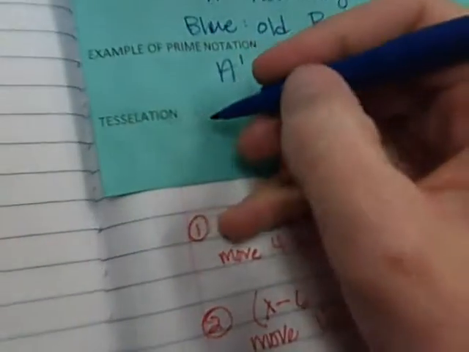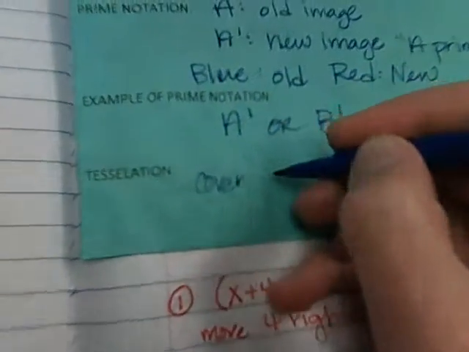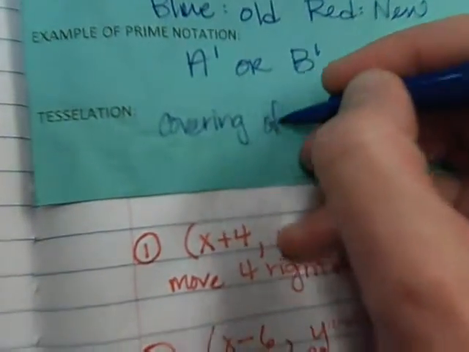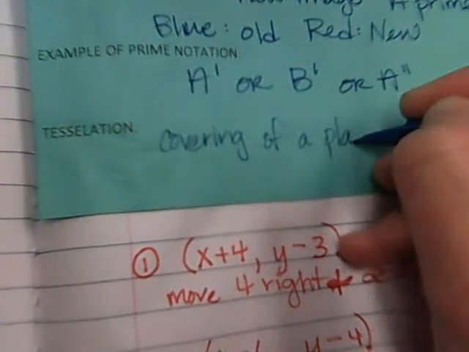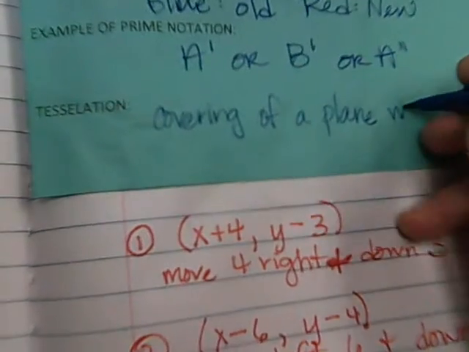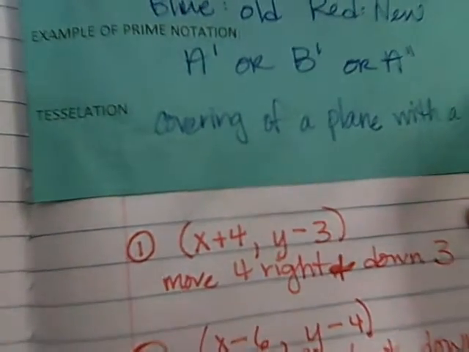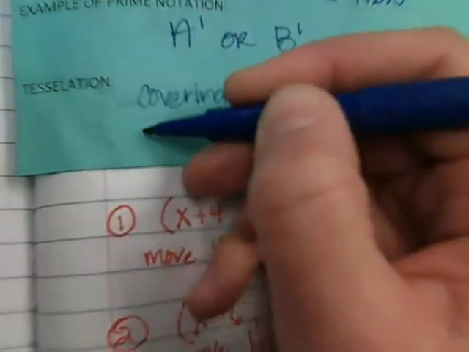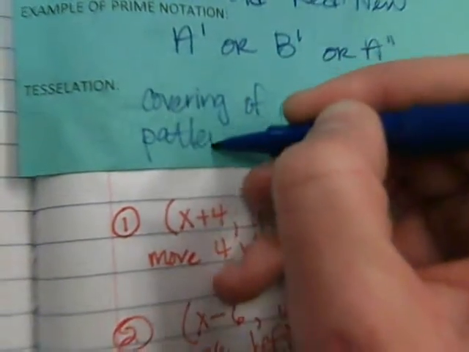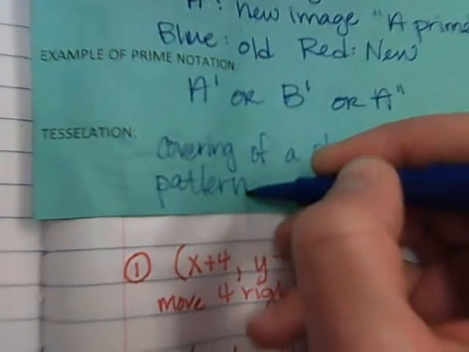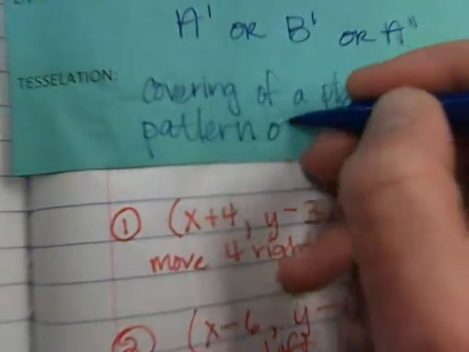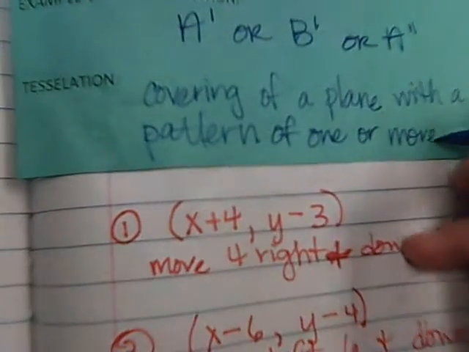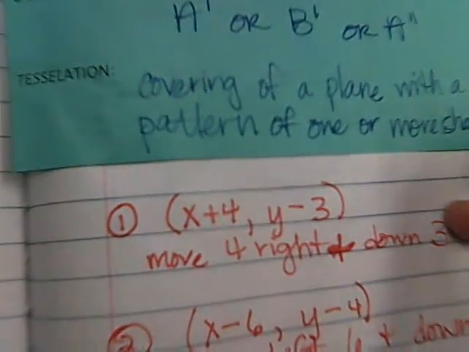A tessellation is a covering of a plane with a repeating pattern of one or more shapes. So like a tile floor.